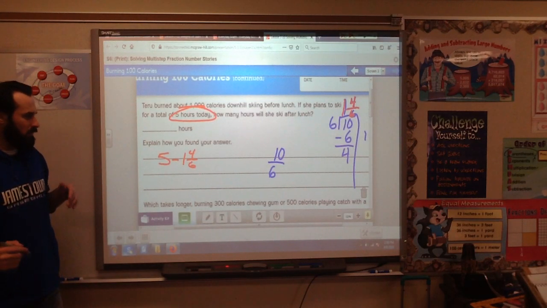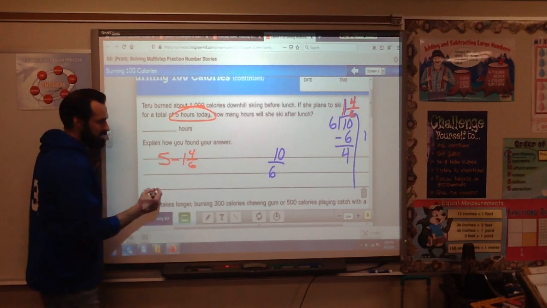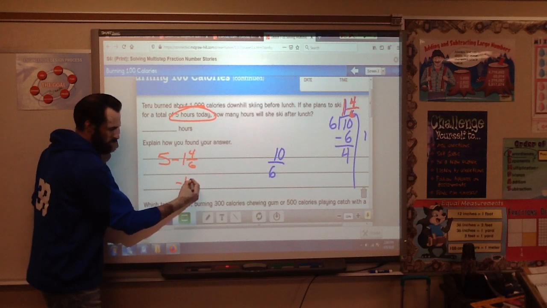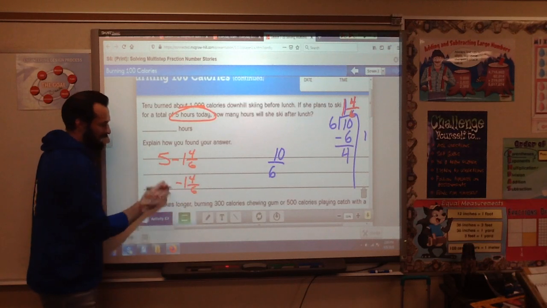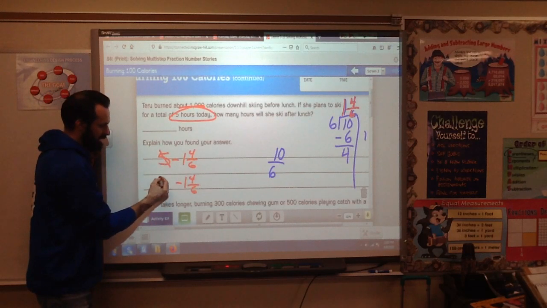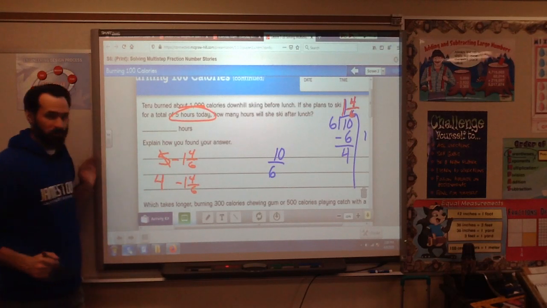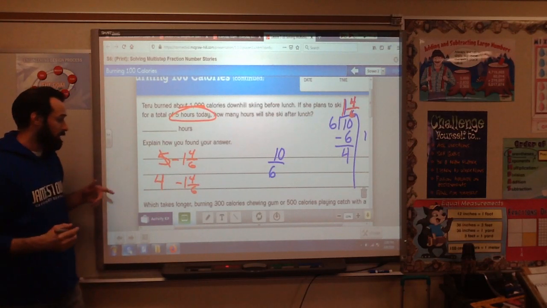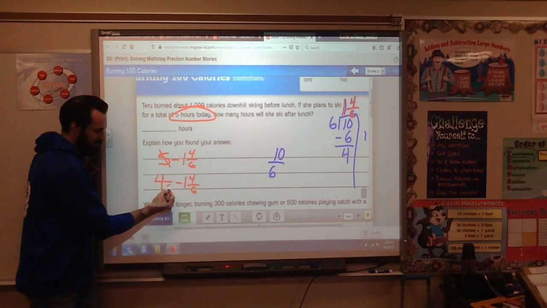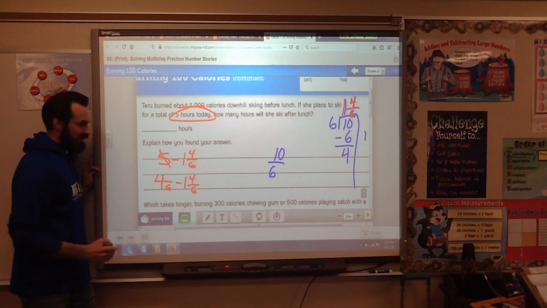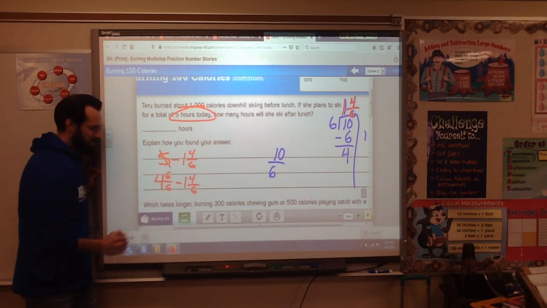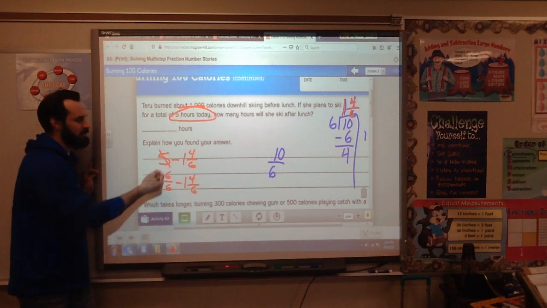Okay, well, what we know when we do this is this second part is going to stay the same. Minus 1 4/6. We have to regroup from the 5. Cross out the 5. Down here it's going to be a 4 because we're taking 1 away. That 1 that we took away we have to make into 6/6. 4 and 6/6 is the same as 5.